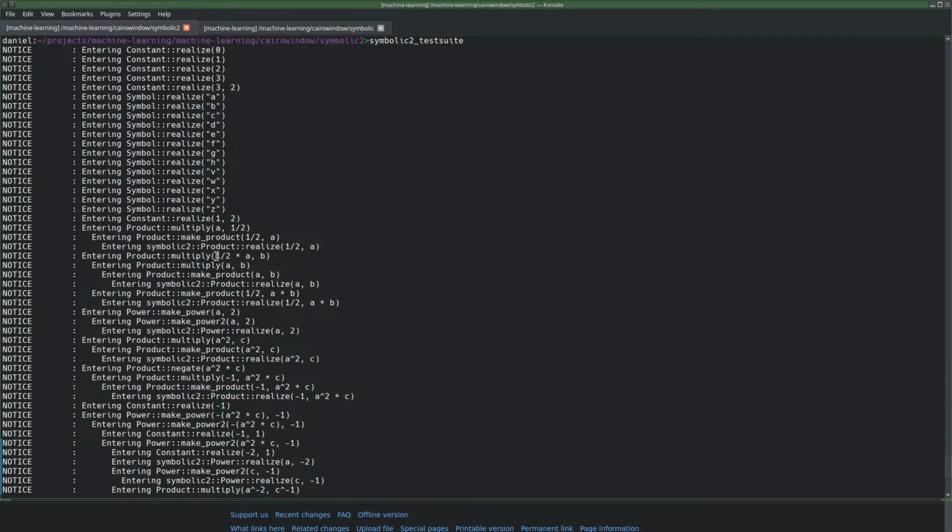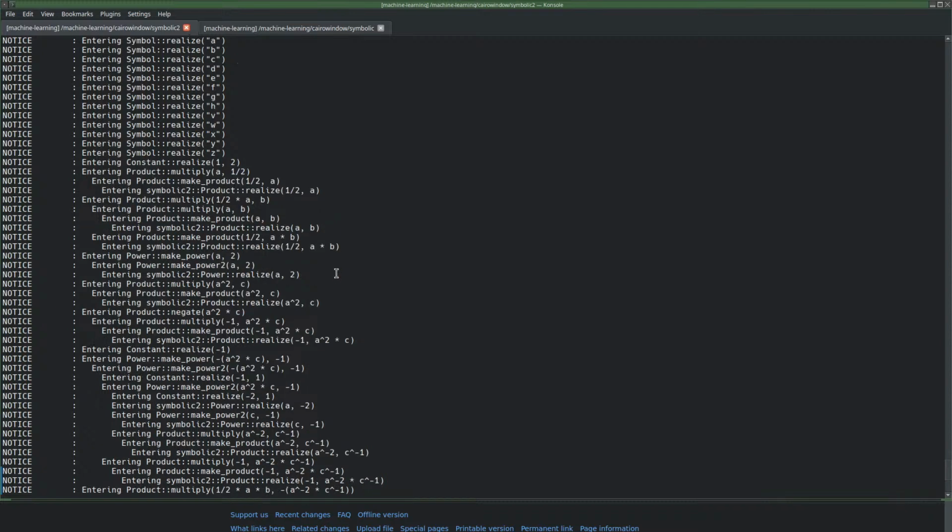Then this, which is a new thing, is multiplied with b, which causes a to be multiplied with b, which is created, which is realized, and then we make a product a half times a times b.